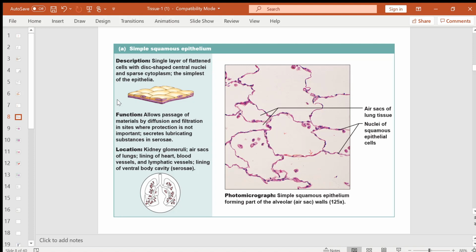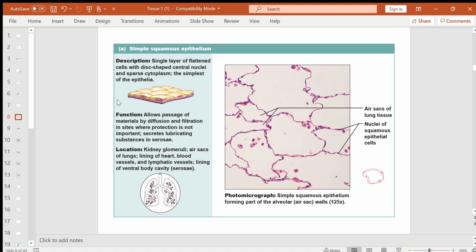Let me draw here. If you see this wall carefully, you'll see the flat cells like this. So this is another flat cell, and another flat cell, and nucleus inside.